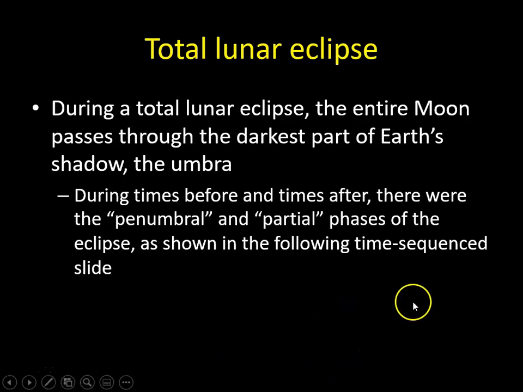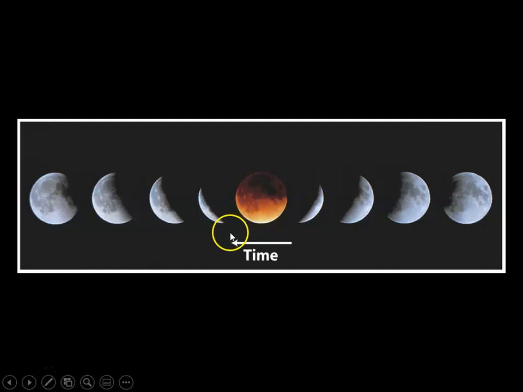So, during a total lunar eclipse, the entire moon passes through the darkest part of Earth's shadow, the umbra. And here's a cool effect. First of all, you can see that the shadow looks a bit different. The terminator, that kind of darkness light line, it's a bit different in shape than it would be for, say, like a crescent moon or a gibbous moon.